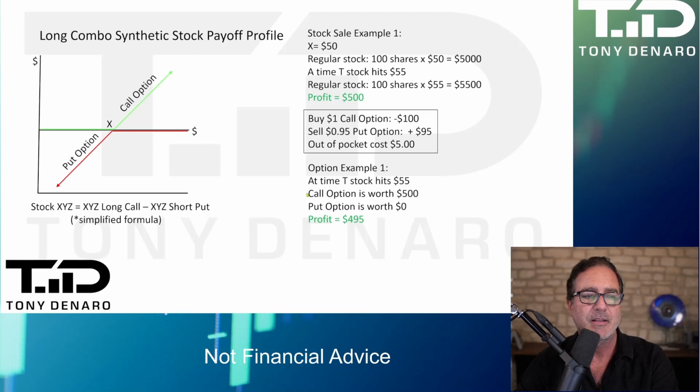So our call option is worth $500, our put option would be worth 0, and our net profit would be $495 after we subtract the out-of-pocket $5 cost. So in essence, on the upside, our profit from selling stock is pretty much the same as with the call and put strategy.